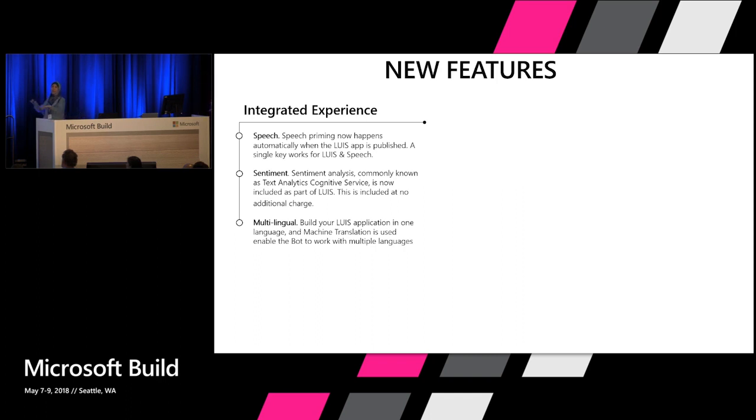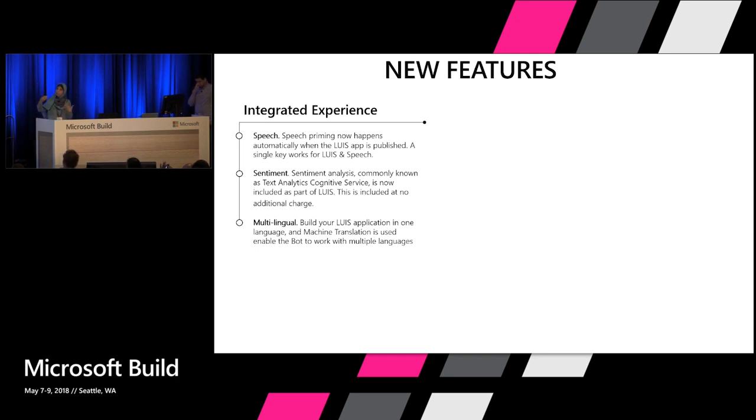And today, we're announcing a full integration between LUIS and the speech services in cognitive services using only one key that you fetch from Ibiza. And now you can have that key in your bot, and you can either talk or text to your bot, right? And not only that, the integration allows for speech customization based on your LUIS training data.